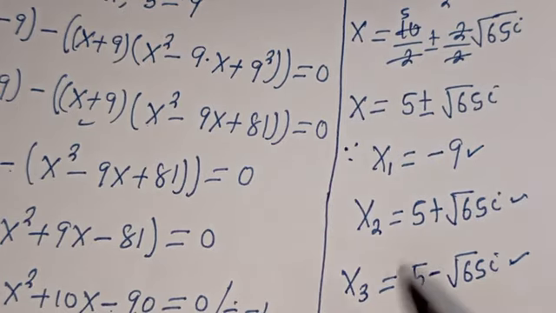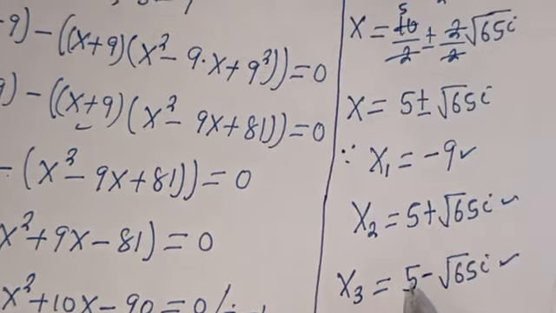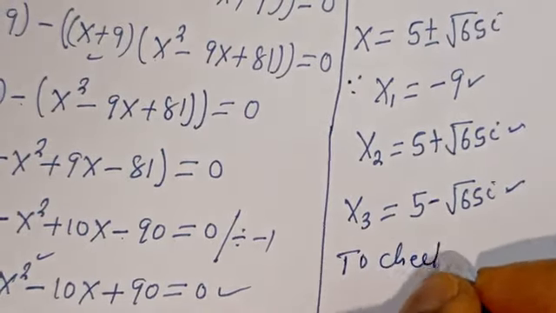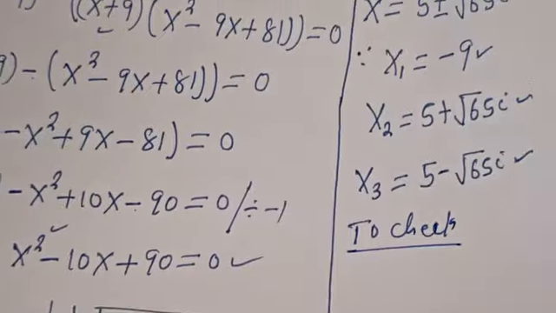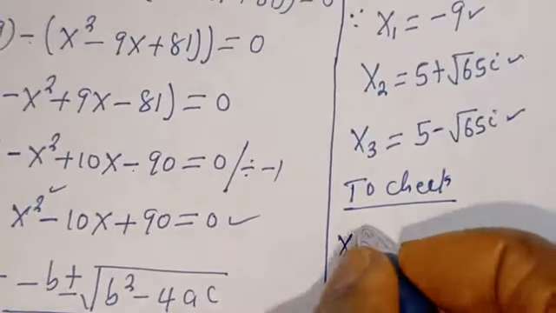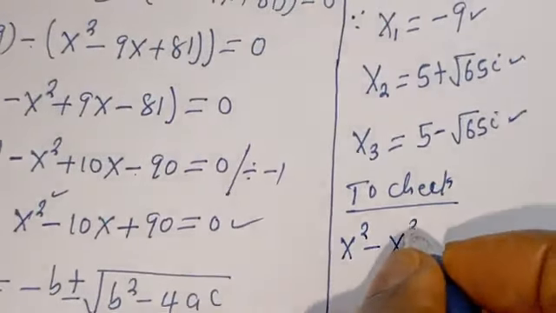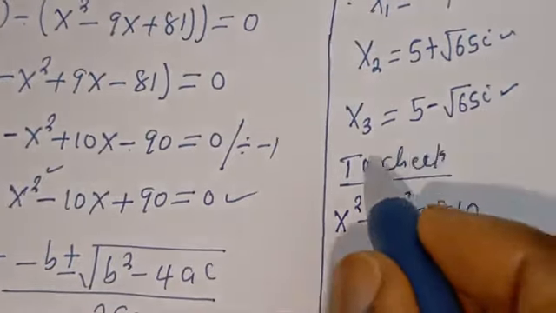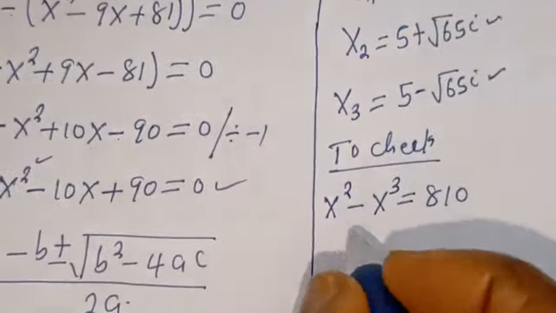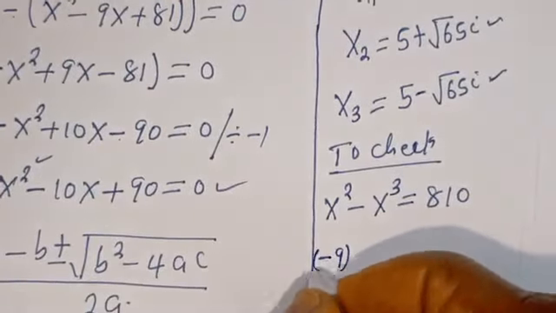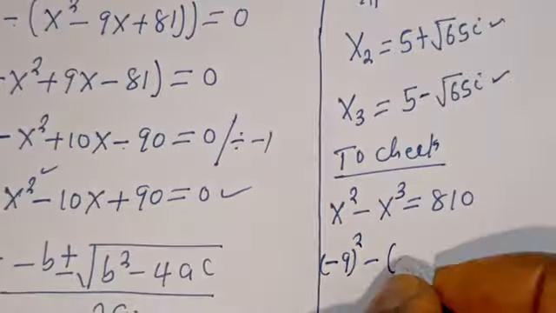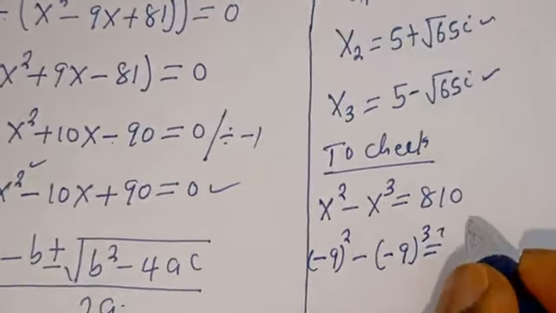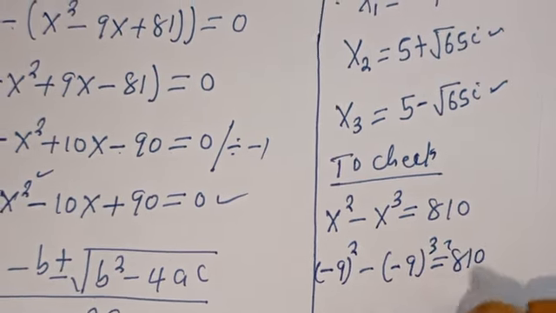So we can check to confirm if this answer is right or wrong. Let's check. To check, we have the given equation s squared minus s to the power of 3 is equal to 810. And when s is minus 9, let's check. We have minus 9 squared minus bracket minus 9 to the power of 3 must be equal to 810.